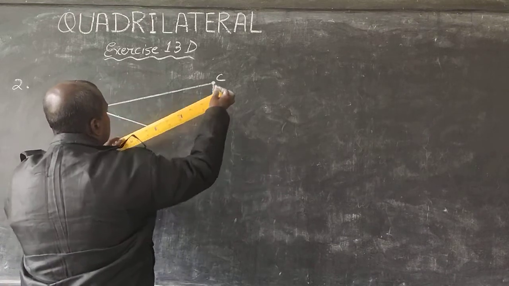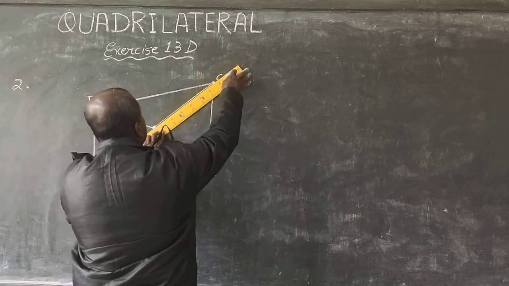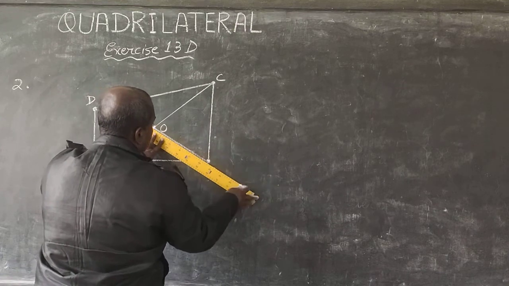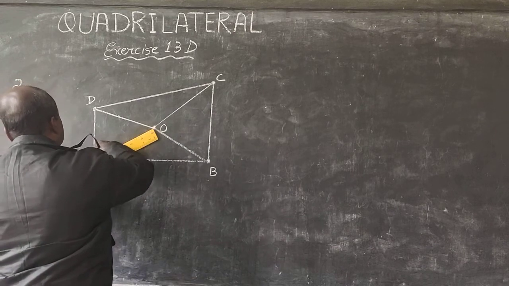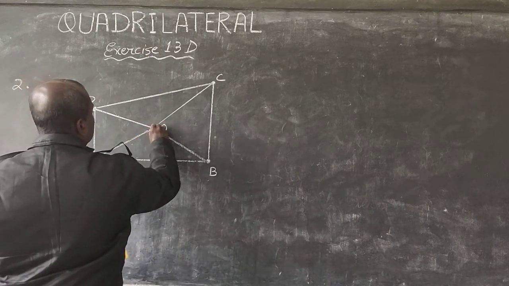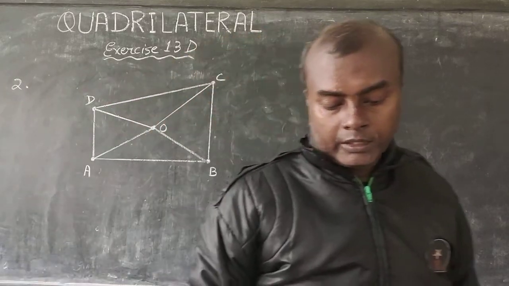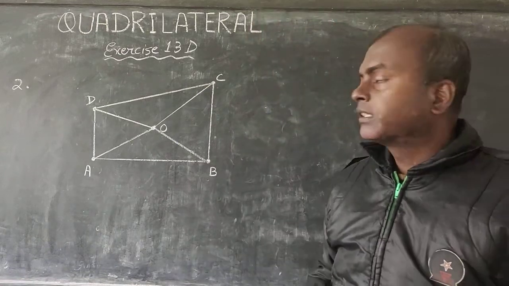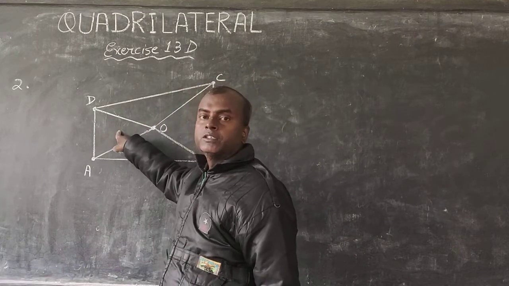So this is one connection. This is another connection. Here is another connection. And here is another. Okay, from this point O, we have connected to all the four vertices. Now what they are asking: into what figures will the quadrilateral be divided? This quadrilateral has now been divided into four figures.